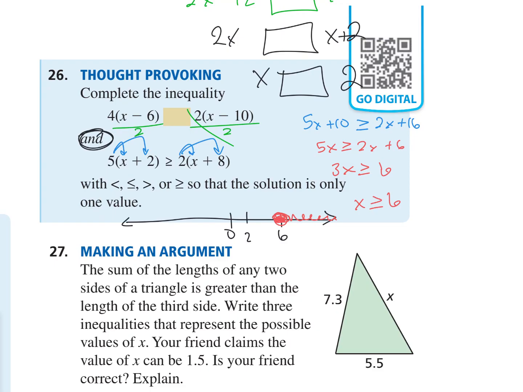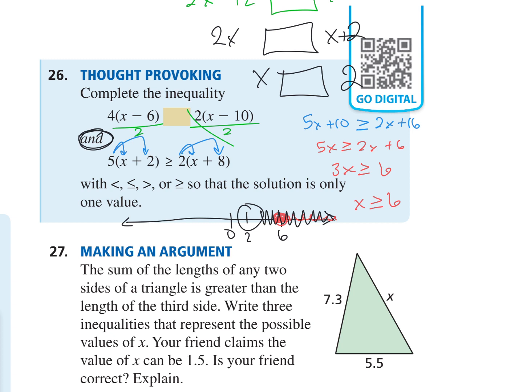So let's see. We only want one solution. So we need to go this direction, I think. So it has to be one value. Well, inequalities are kind of famous for not just being one value. So I think this is kind of a trick question.